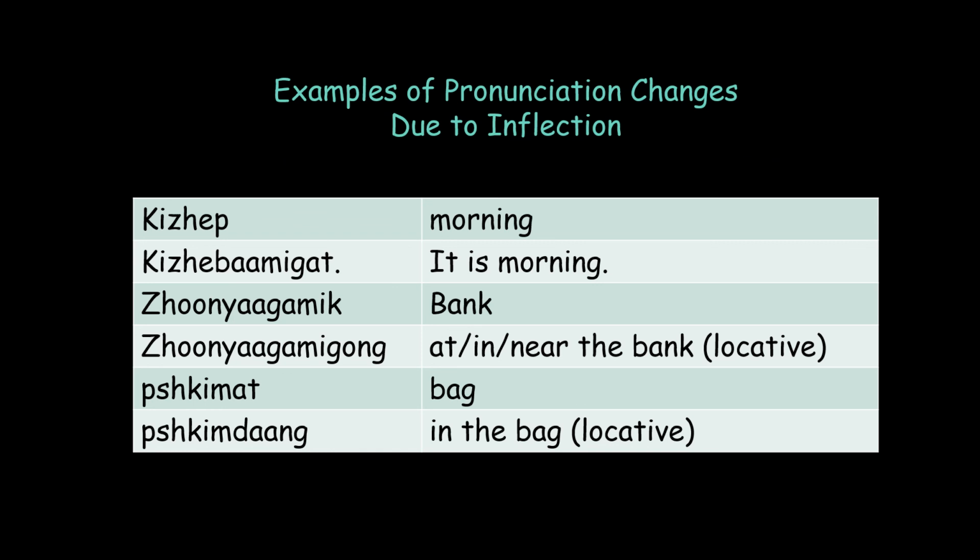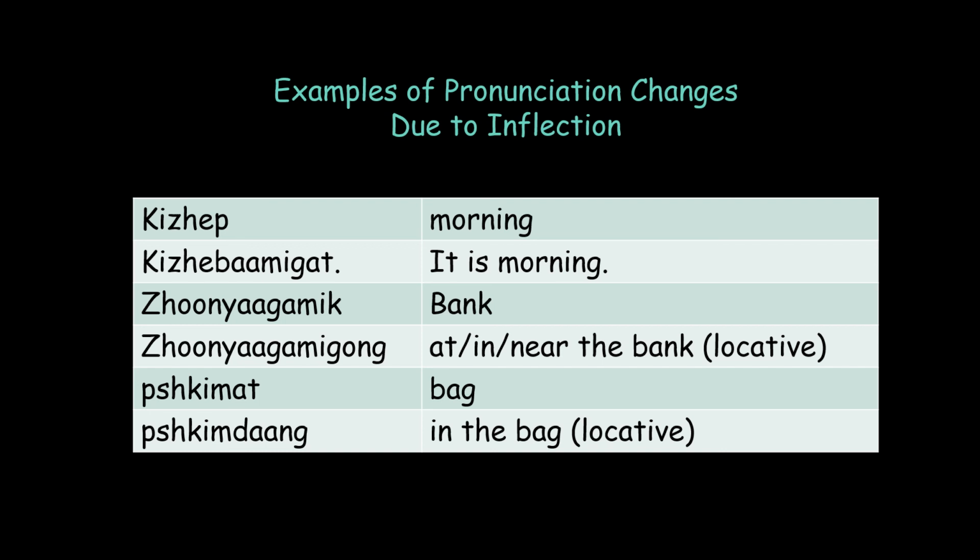Here are a few examples that show the pronunciation changes when inflection occurs. Kijep, kijep. And adding a suffix to that changes the P to more of a B sound. Kijebamagut. Zhonyagumik, zhonyagumik.